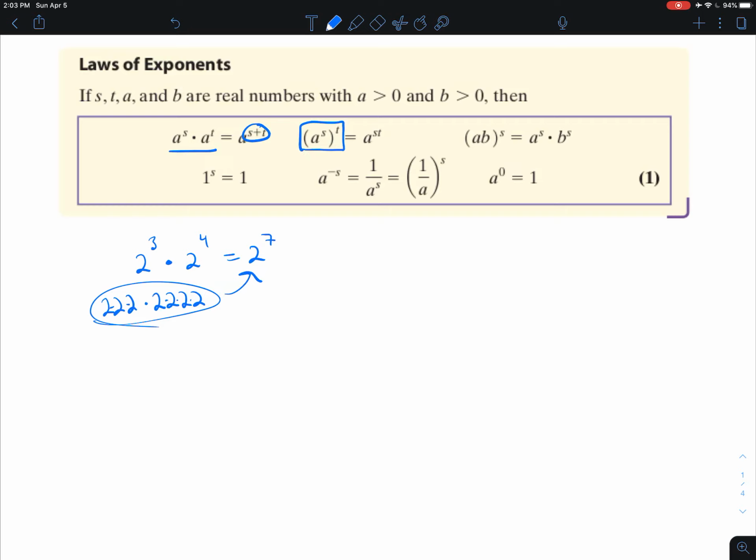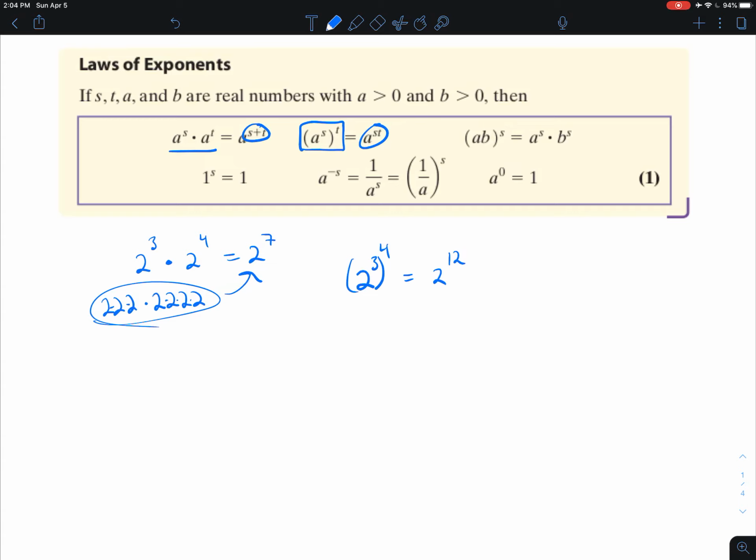When you raise a power to another power, you multiply the exponents. So 2 to the 3 to the 4, for example, is 2 to the 12th. Right?